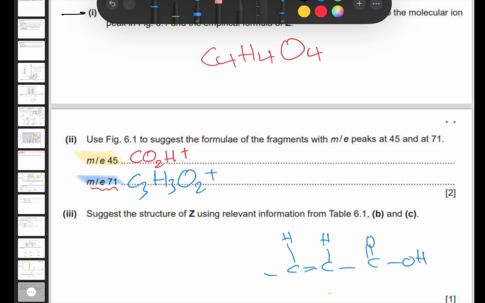We cannot put alcohol because the question doesn't tell me about the presence of alcohol. It's not aldehyde, it's not ketone. And which of these functional groups can give you a compound that contains oxygen? We can say it could be a diacid, and that's why we have to put the other part of the acid. You can see that you have 4 carbons, you have 4 hydrogens, you have 4 oxygens.